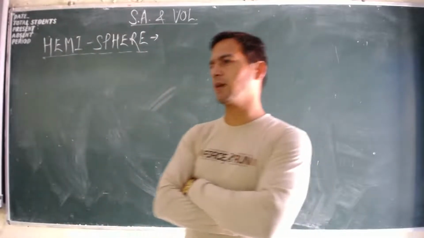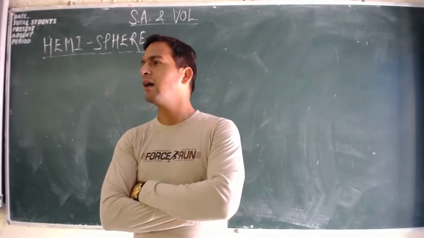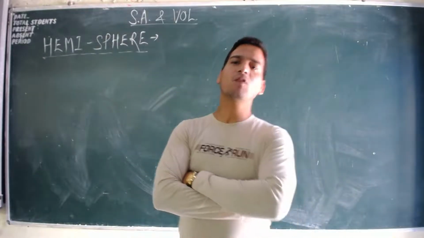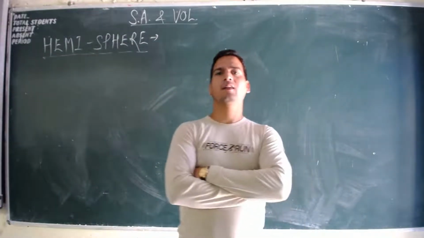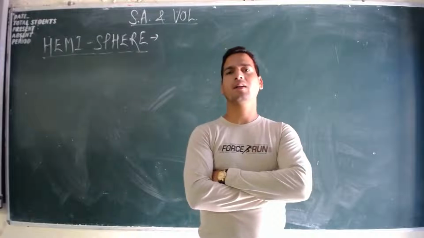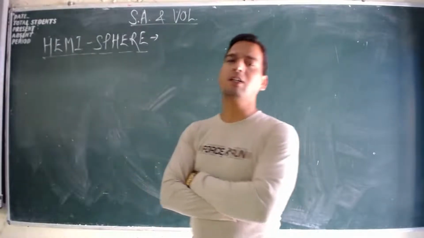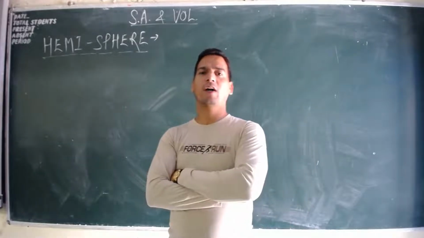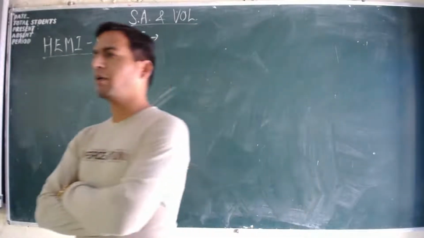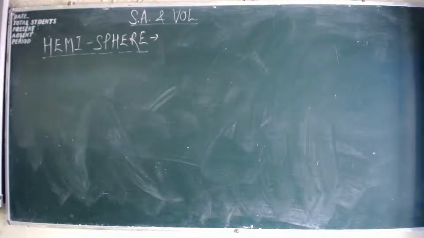Khushi Joshi has given another example: a cut piece of onion. Yes, this is the example. Many natural things you can find near you are in hemispherical shape.